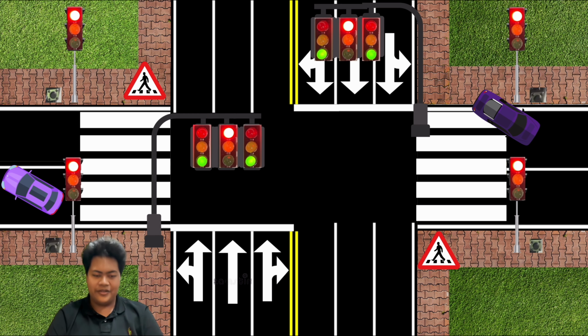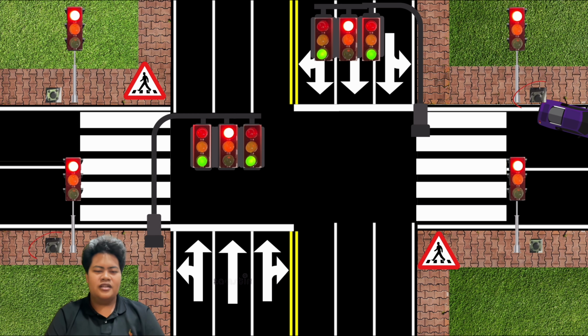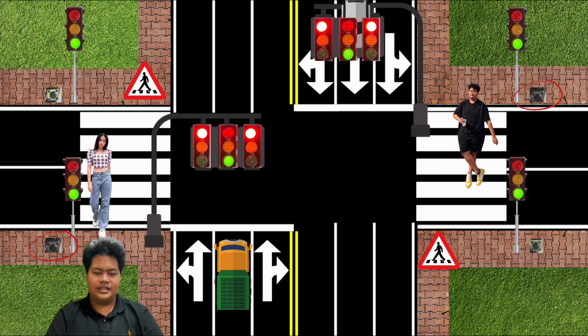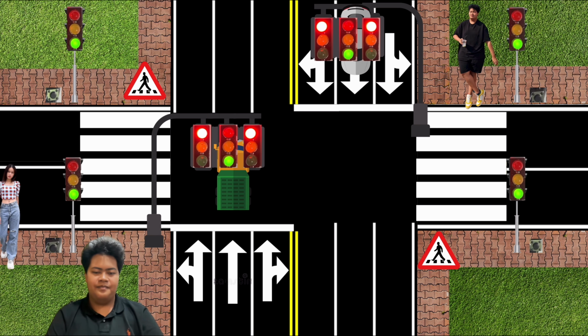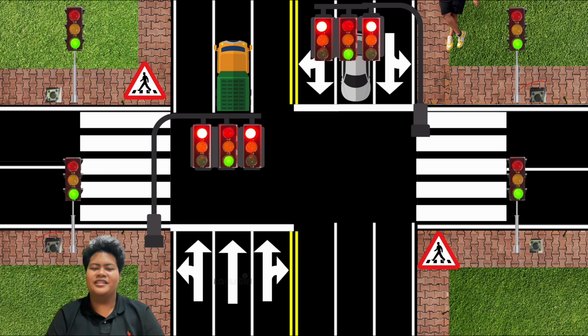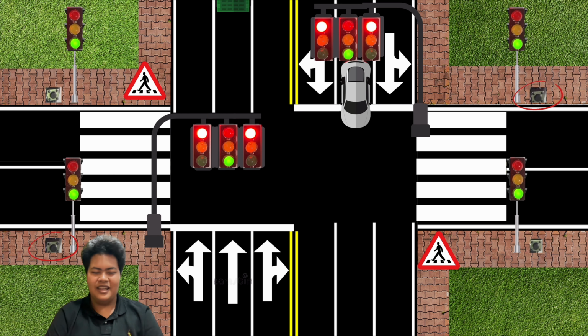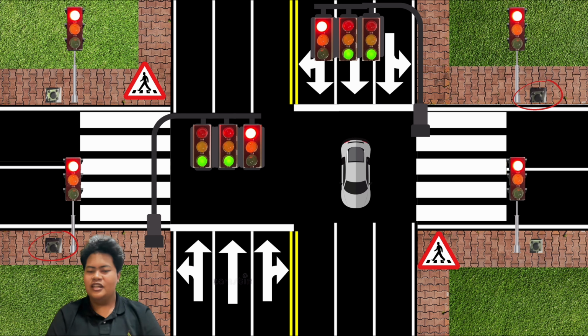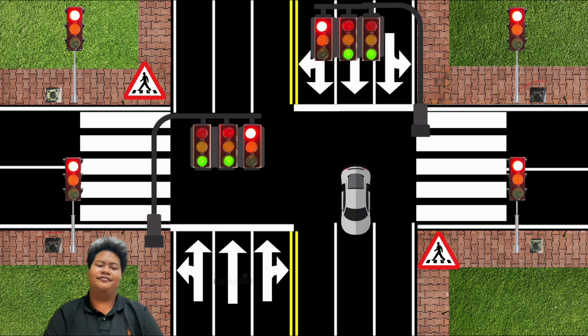Straight lights turn green. The pedestrian crossing lights turn green to allow safe crossing from both sides. After a few seconds, the pedestrian lights turn red, and the system returns to its normal vehicle sequence. This ensures pedestrians only cross when no turning vehicles are active, keeping the intersection safe.